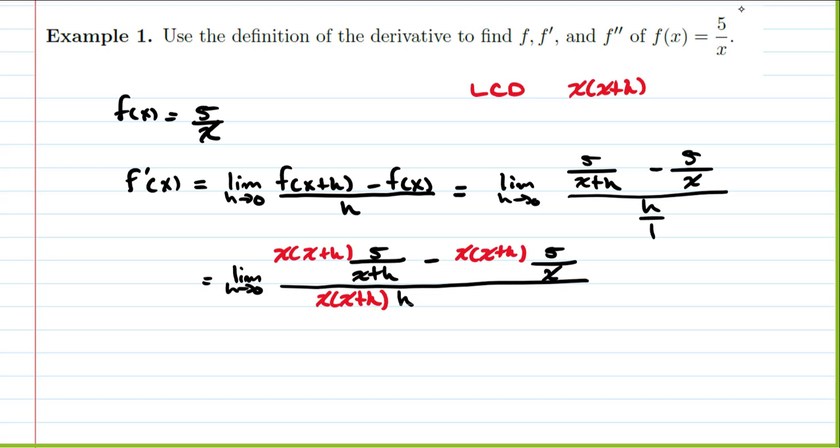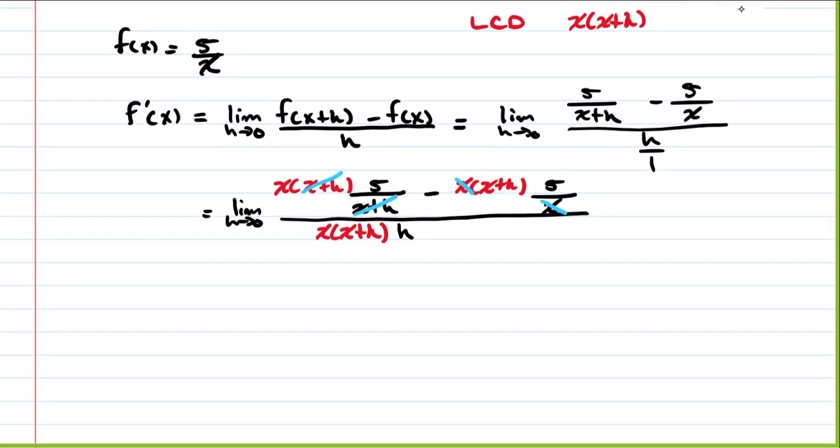And the reason we like to multiply by the LCD on top and bottom is it always reduces out all of our compound fractions. So after this, we're left with the limit as h goes to 0 of x times 5, so 5x, minus 5 times x plus h, all over x h times x plus h.